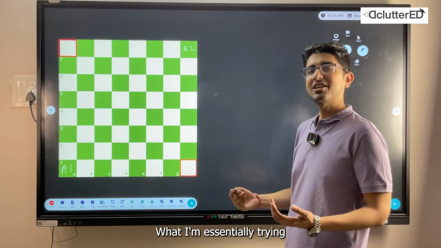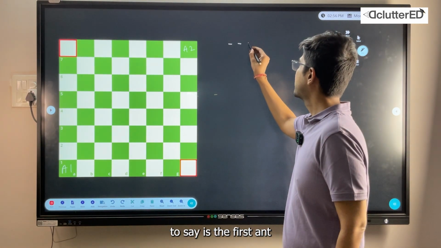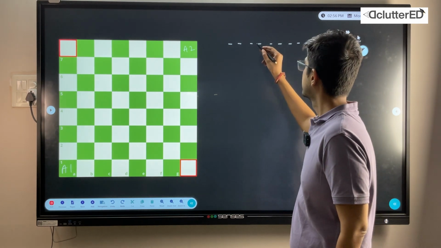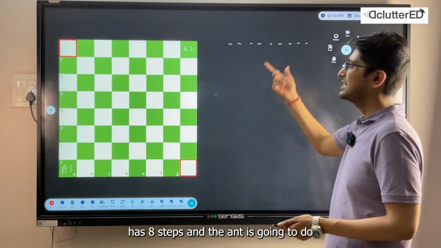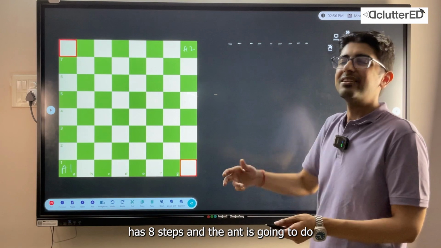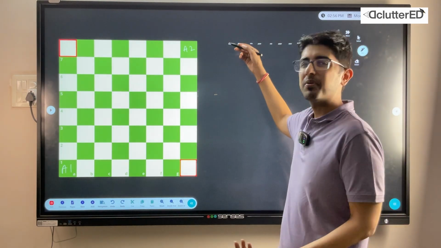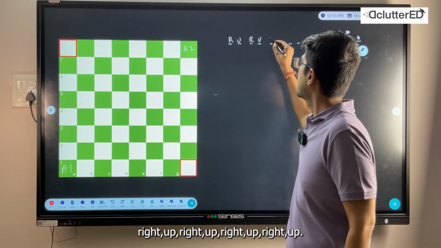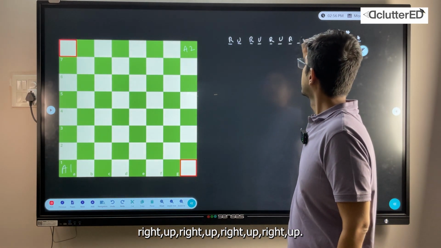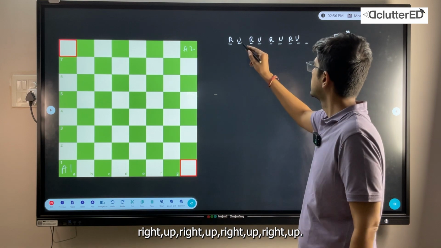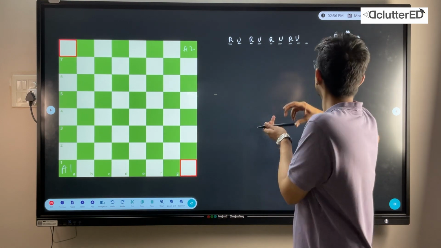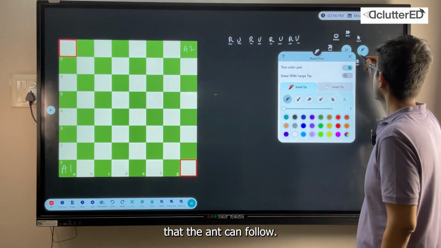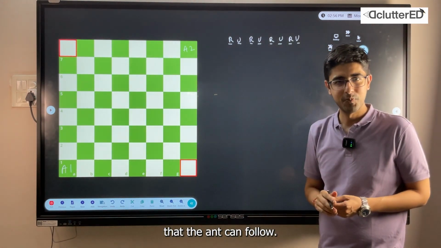What I am essentially trying to say is, the first ant has 8 steps and the ant is going to move in whatever order: right up, right up, right up, right up. This is one of the arrangements that the ant can follow.